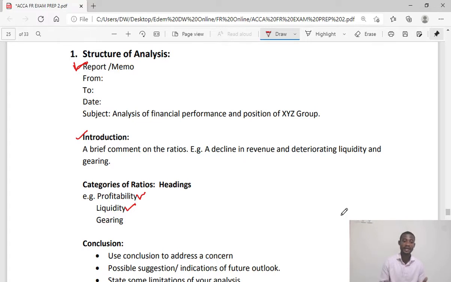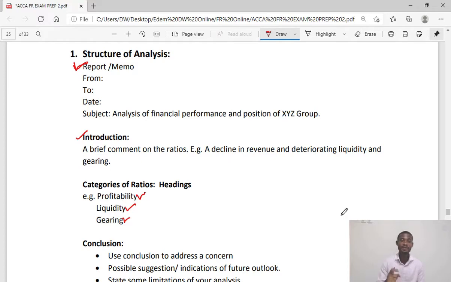And you can analyze this. Then you go on to look at your gearing ratios. Your gearing ratio, depending on the formula you are using, can be debt over equity, or debt over debt plus equity, or you can look at interest cover as an example of gearing. So you need to have these categories, and for each of these categories, you type in how you evaluate them.